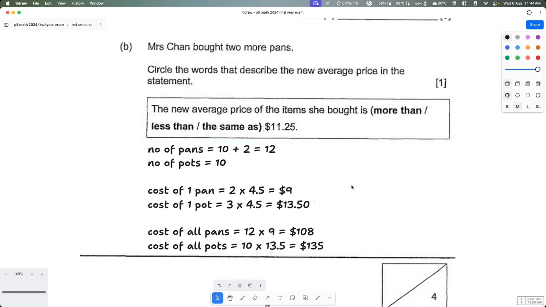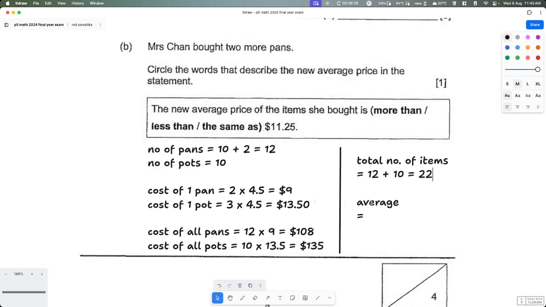So from here, the total number of items is equal to 12 plus 10, which is 22. So the average is basically the total, 108 plus 135, and then we divide it by 22, right?